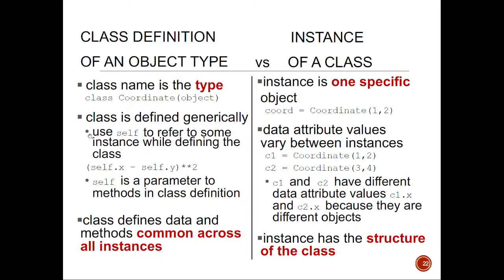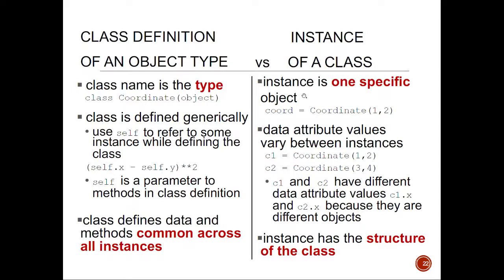The class name is the type. It's generally defined using the self keyword to refer to some instance when defining the class. This keyword self is a parameter to the methods that we define within the class definition. The class can define data and methods which are common across all instances.